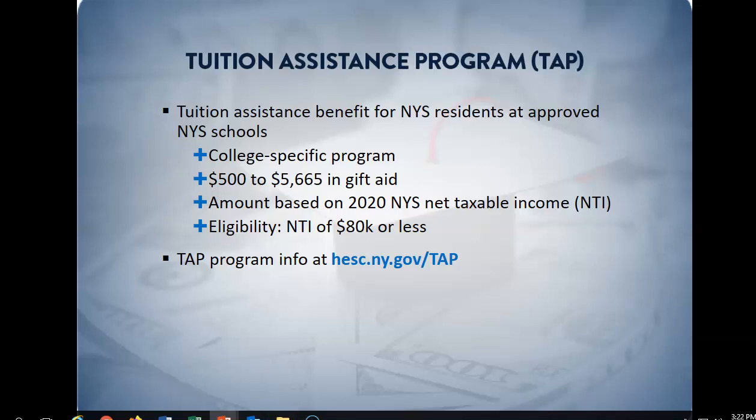And just to give you an example, if your net taxable income exceeds $80,000 in 2020, you will be ineligible for a TAP award. If it's between $50,000 and $80,000, it more than likely will be about $500 a year. And then there is a sliding scale of income down to the maximum award of $56.65.